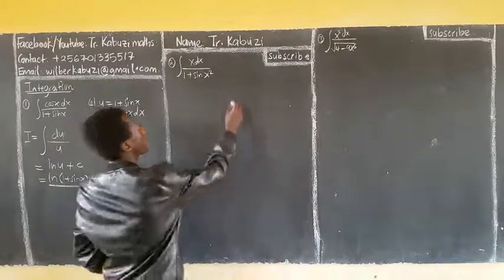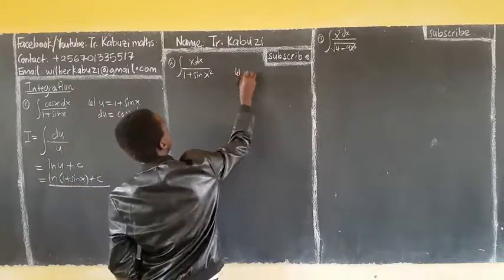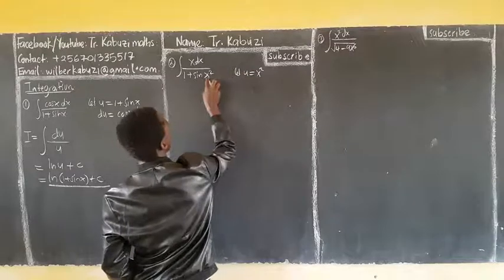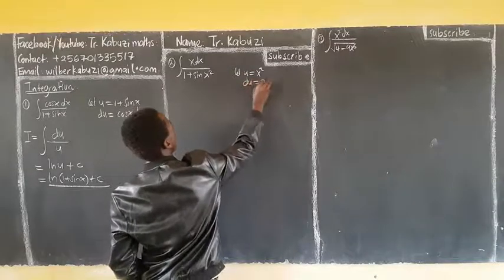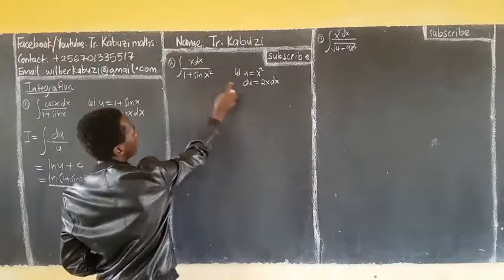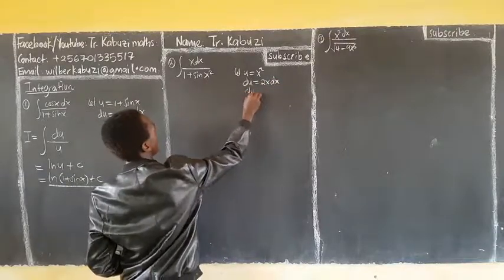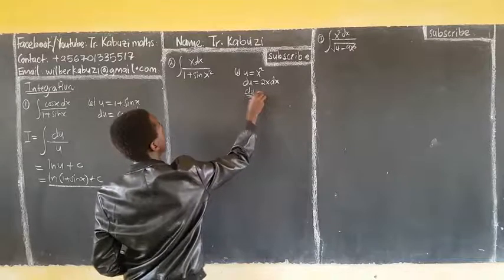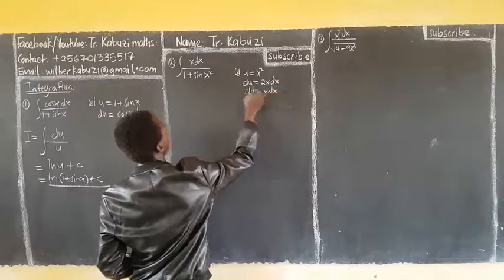What we do, we say you let u be that angle. So now du is going to be 2x dx. So now you see, if I divide by 2, my du over 2 is going to be x dx, which was already there.